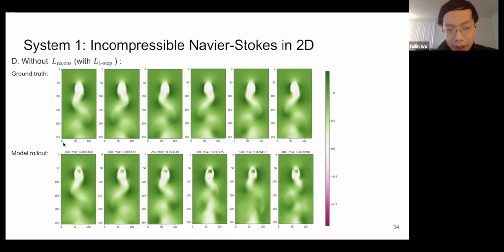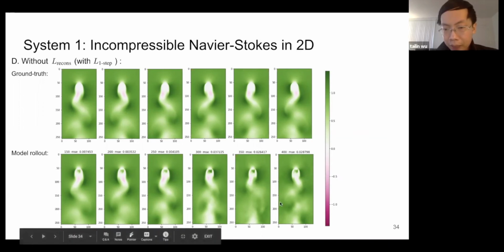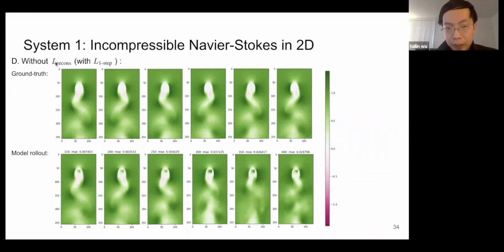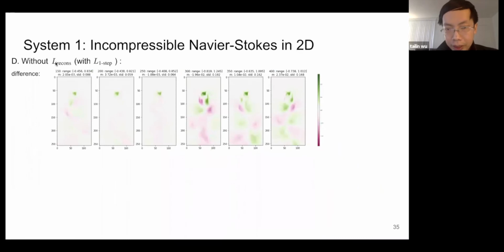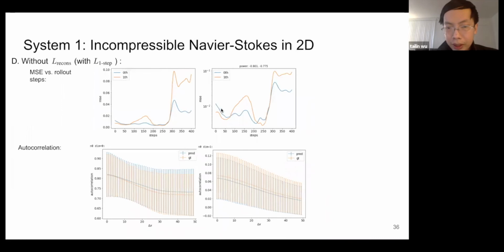And what does it show? We see here that it is still quite good, but at later times, it becomes a little blurred without this reconstruction loss. And here's the difference. And here is the MSE. We see that it remains good, and then at some point later, it goes up.